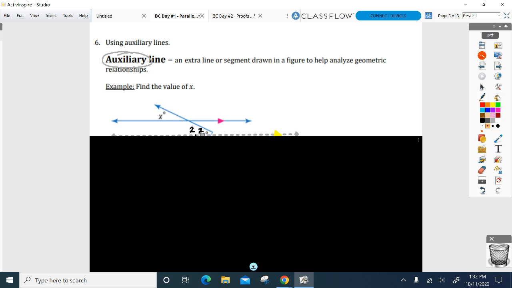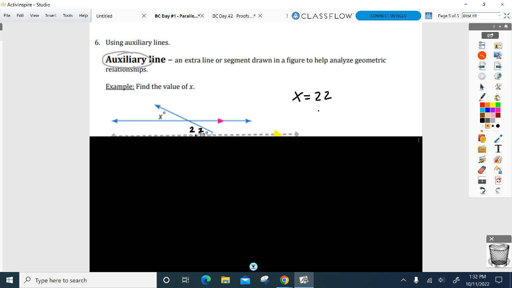Now look at these two lines with this transversal. 22 and X. Anybody remember what they were called Friday? They are called corresponding angles. What do you know about them? Supplementary or congruent? So X equals 22.